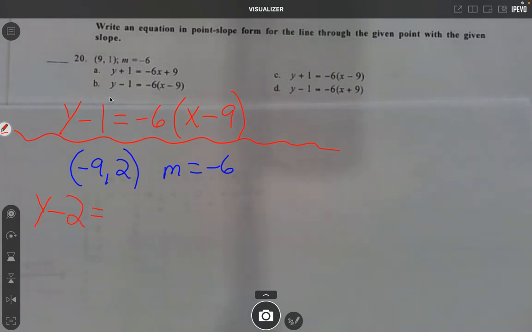Equals our slope. And then I'm going to put x minus, what's our x value? -9. What happens to minus a -9? You're going to add. It's basically just the opposite. So you can just look up here and be like, oh, it's going to be the opposite. Y, then a -1. Slope. X, then a -9. It's just the opposite. Y'all can memorize that.